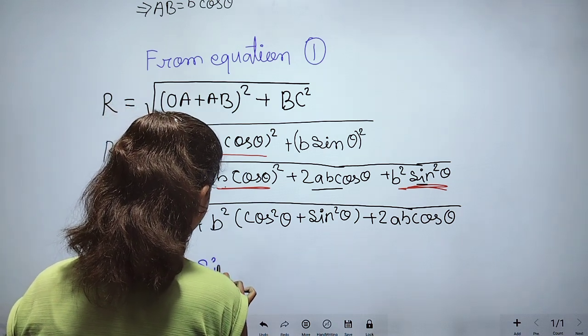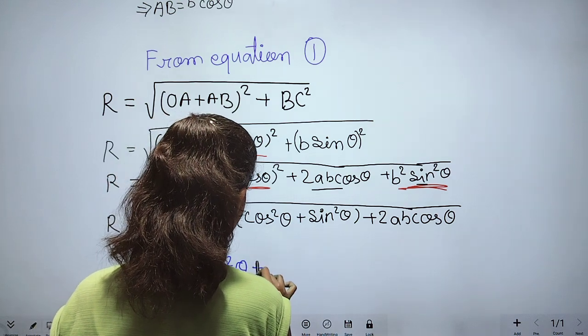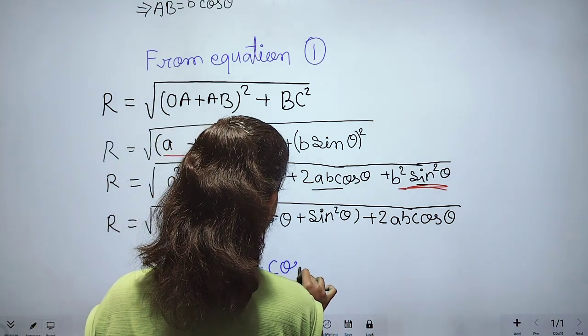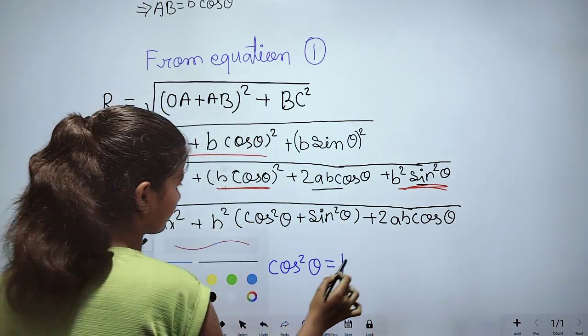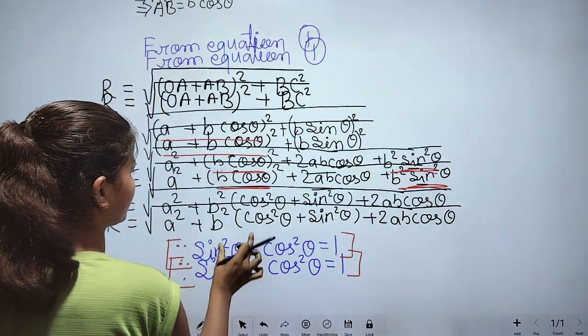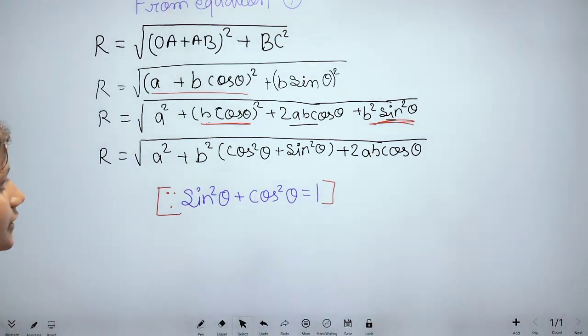We know that sin square theta plus cos square theta is equal to 1.